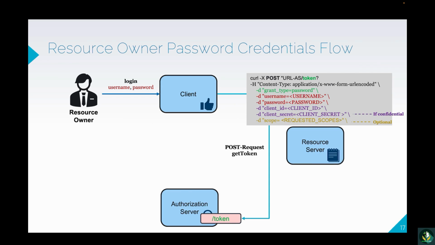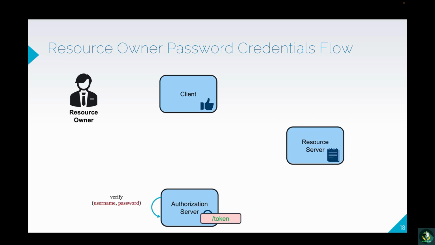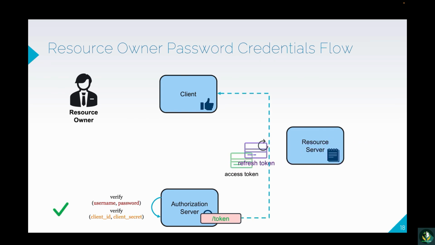Note that the client secret is only required for confidential clients, which is highly recommended for added security. Afterward, the authorization server verifies the resource owner's credentials, validates the client's credentials, if confidential. If everything checks out, it generates and returns an OAuth 2 access token and possibly a refresh token.